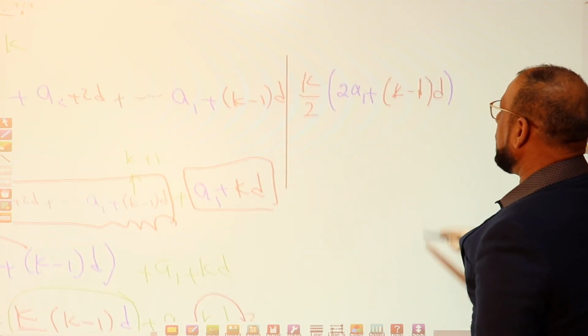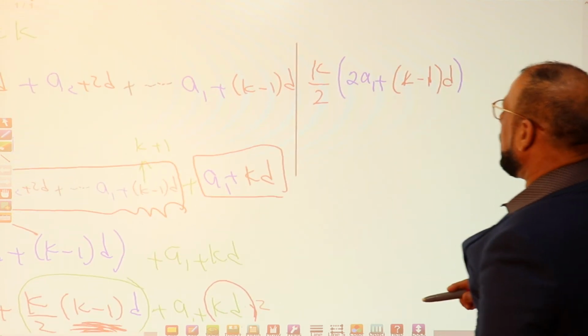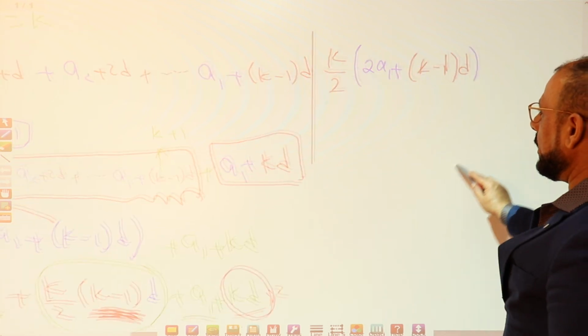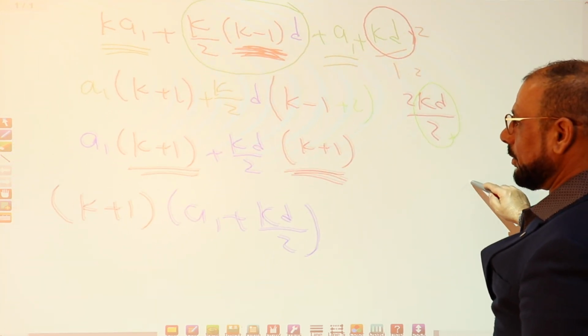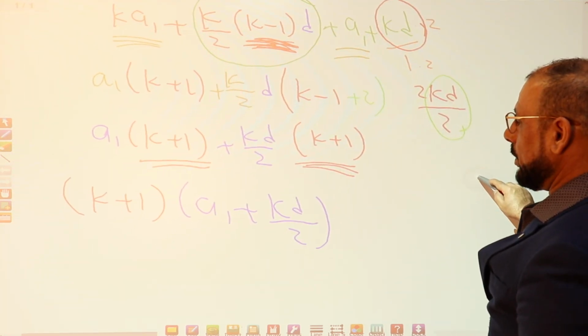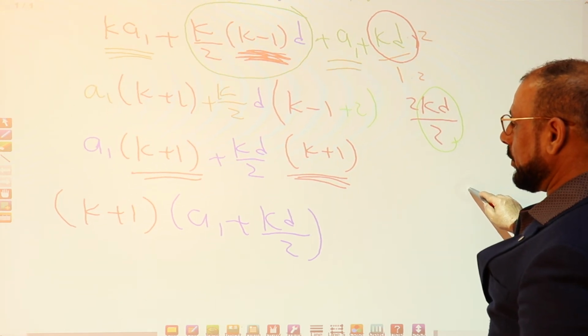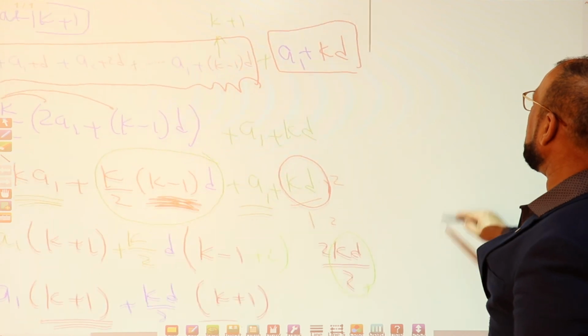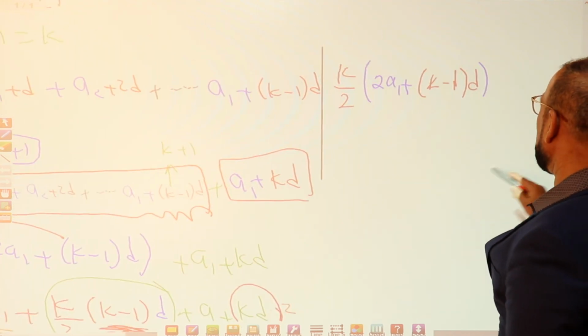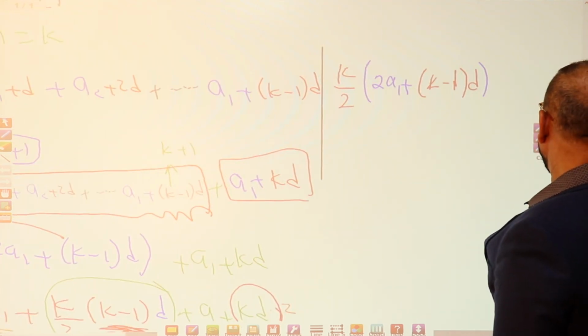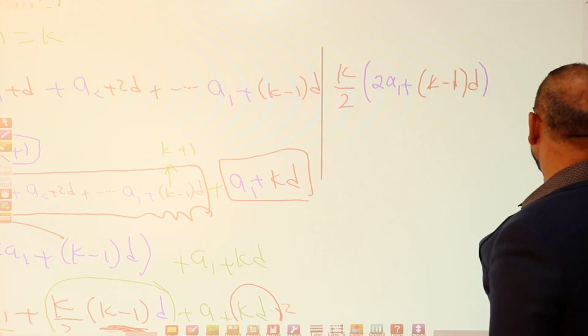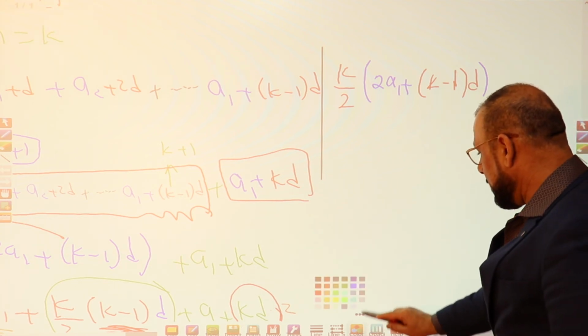Go to the right side, we're going to change k to k plus 1. Here we have k over 2, right? Okay, k plus 1, a1 plus what? Now here we're going to change it to k plus 1. This k becomes k plus 1, right? The same thing.